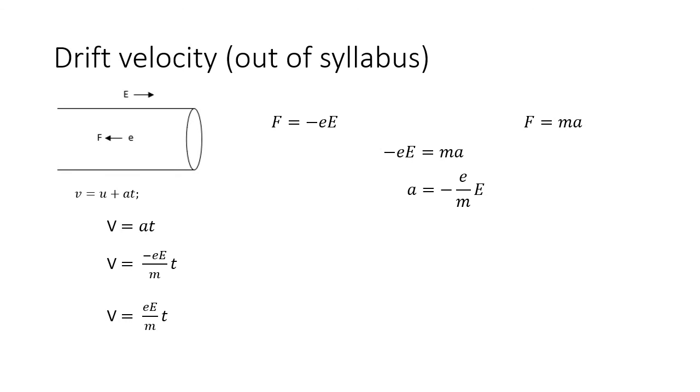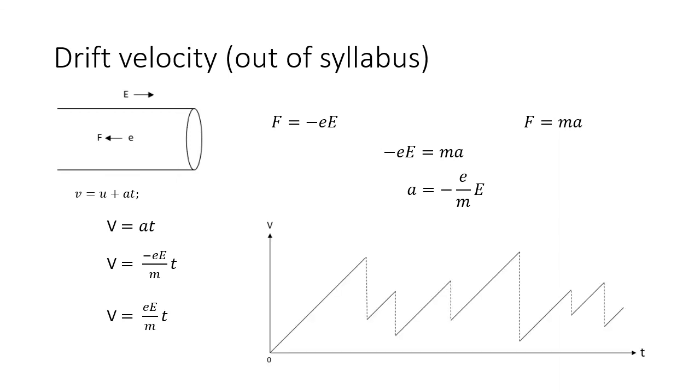Now let's consider how the velocity of an electron inside the metal conductor varies with time when we apply the potential difference. So we have the velocity versus time graph of an electron, assuming that the potential difference is applied at t equals 0 and the electron starts to move from rest.